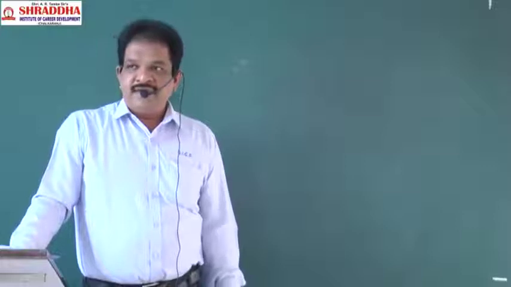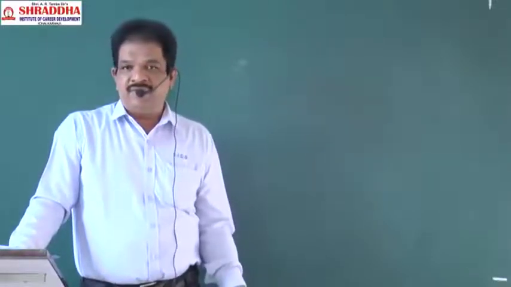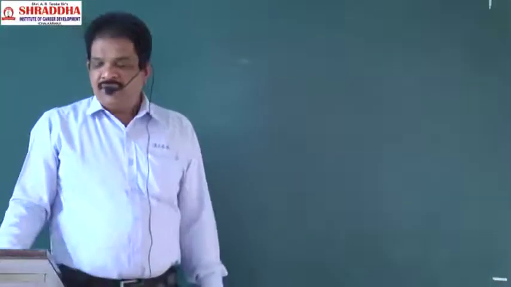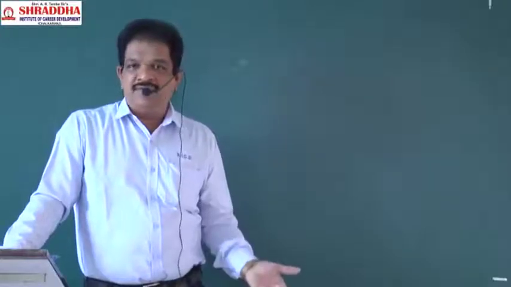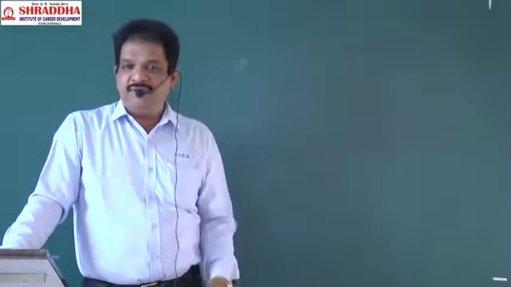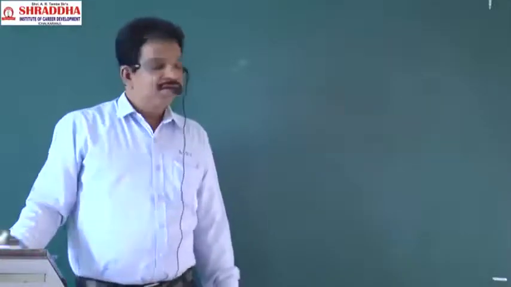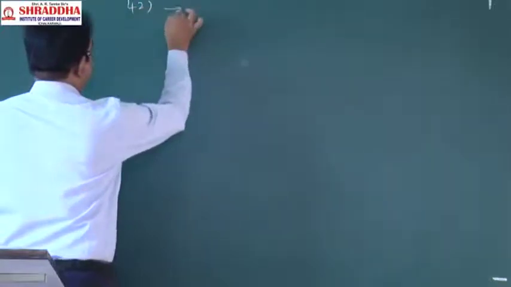A dimensionless quantity may have a unit, it may not have a unit. Mechanical equivalent of heat has a unit, but it doesn't have any dimensions. So it may have a unit, it may not have a unit. 42, C will be the answer.